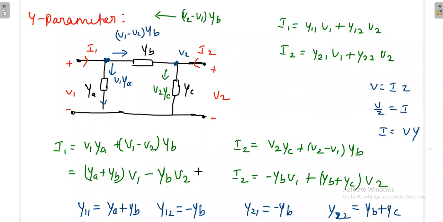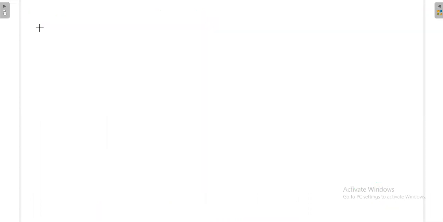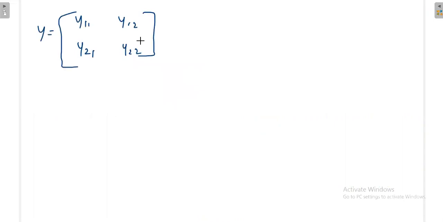Then, once you are given Y11, Y12, Y21, Y22, how do you get the original values? Say in future, for some network they give you these values, then how do you represent it? The network could be anything.